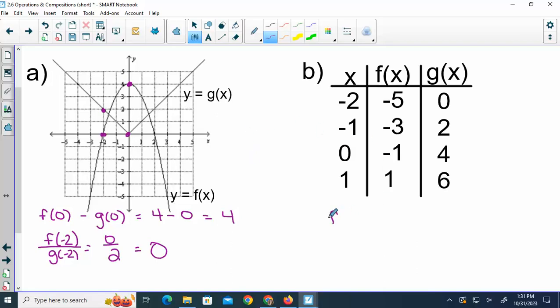Let's do it from the table. How do we find f of 0? X is 0. Look, when x is 0, the y value of f is negative 1, minus g of 0, which is 4. So negative 1 minus 4.